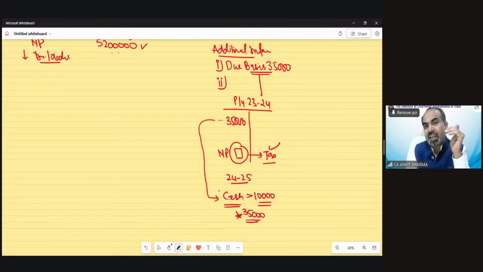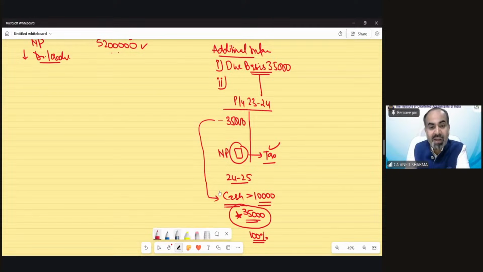That's why it has been given as additional information. But because the payment was made in cash exceeding 10,000 rupees, there would be a disallowance, because payment exceeding 10,000 should have been disallowed 100%. So technically this expenditure should not be allowed.